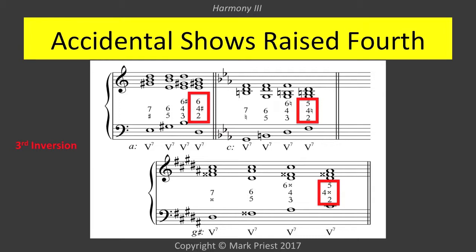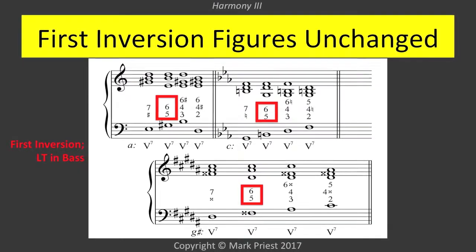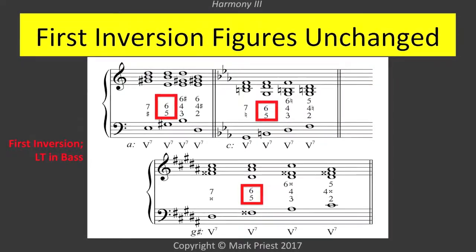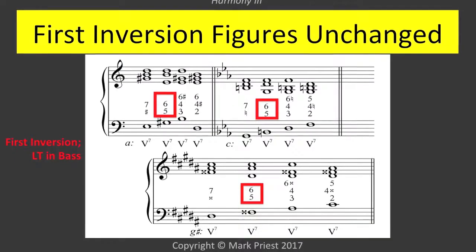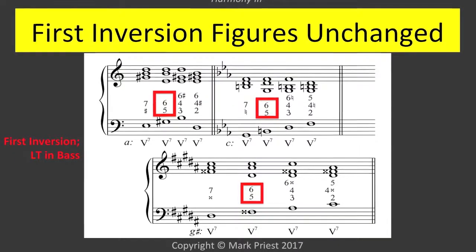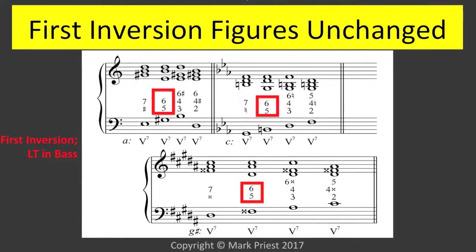The third inversion figure points to the chromatically raised 4th of the chord, whether sharp, natural, or double sharp. Only the first inversion figures remain unchanged, because the bass note itself carries the accidental of the raised 7th scale degree. This altered bass note is the leading tone of the first inversion 5/7 chord in minor keys.